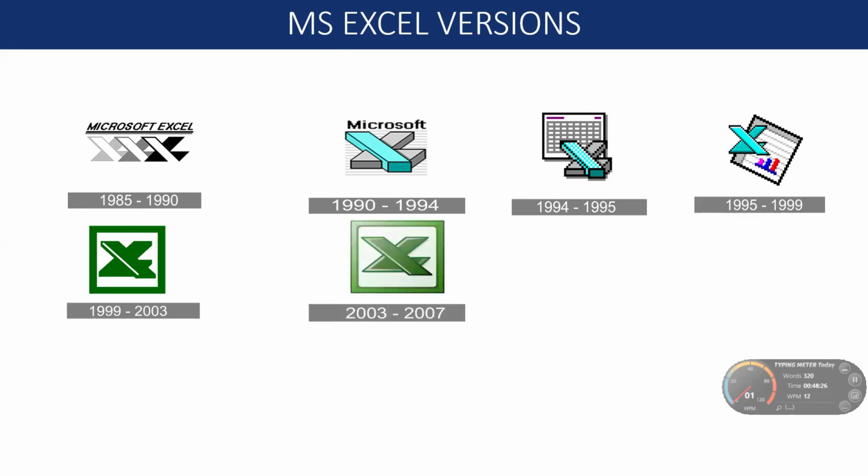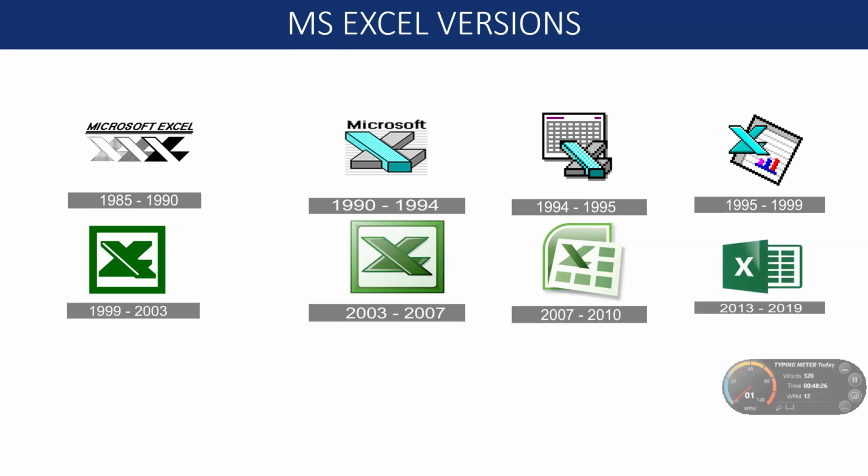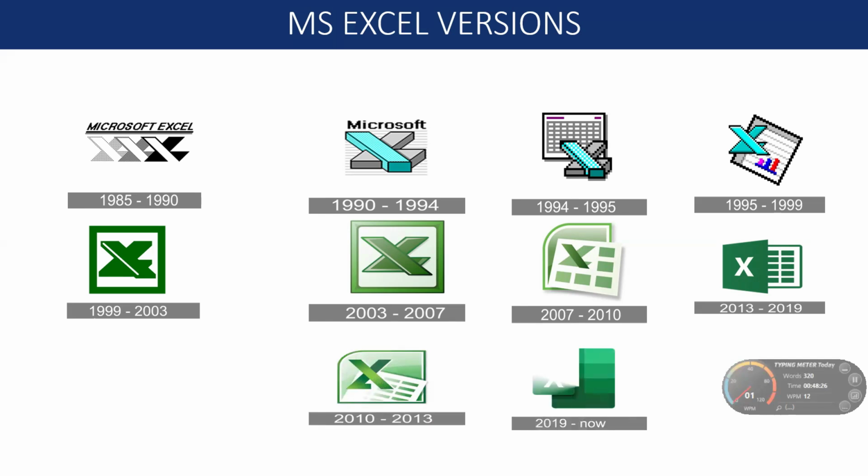Then the next one is 2003 to 2007, then 2007 to 2010, then 2013 to 2019. They are all versions of Microsoft Excel. The last one is from 2019 to now, which is Microsoft Office 365 or Microsoft Excel 365.